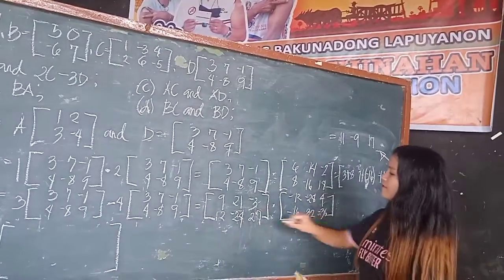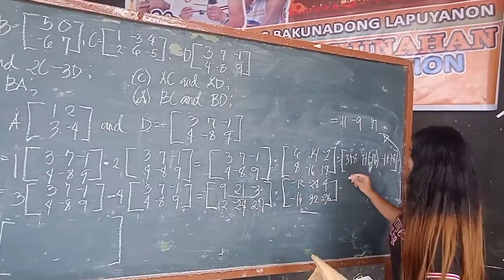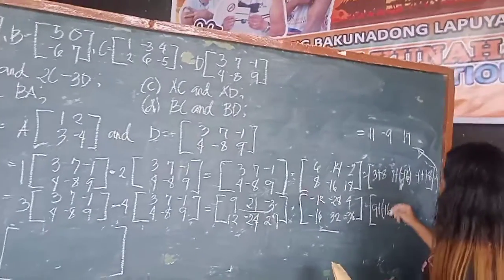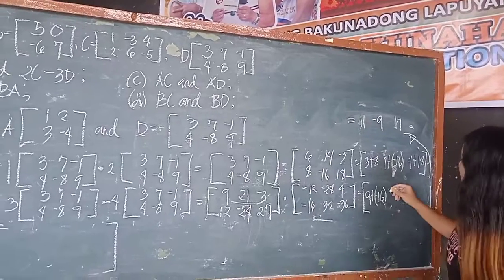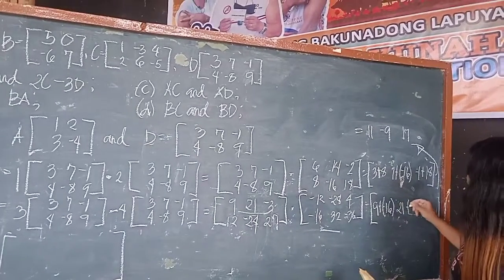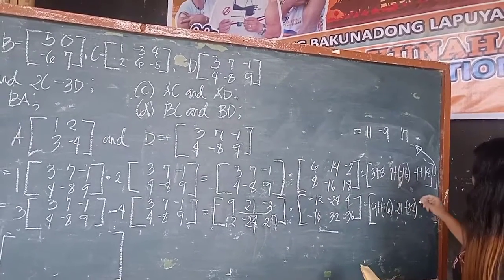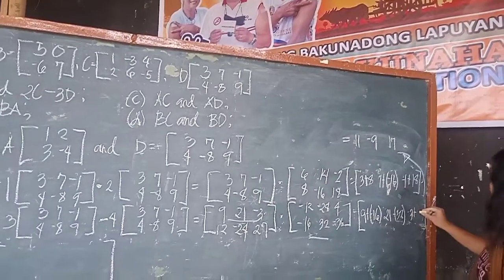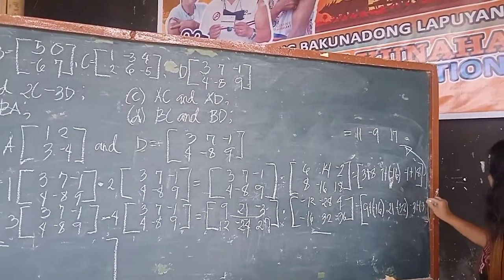So, ito lang ang kuhaan ang balian. I-add natin siya. So, 9 plus negative 16 plus 21 plus 32. Then, the value of negative 3 plus negative 36.